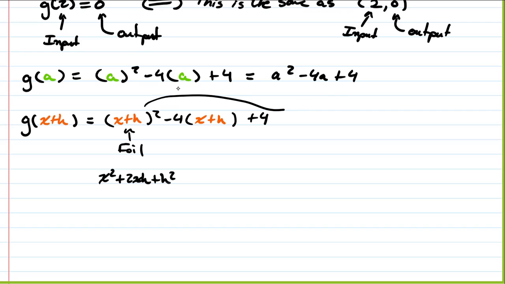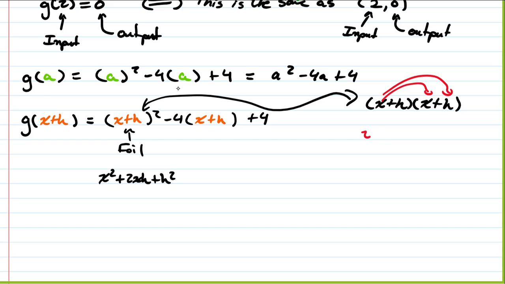And let's do that over here on the side if you don't remember that that's the product. When we square something, we're multiplying it by itself. So we would have to FOIL this thing out. And if we did so, we would get the following. x times x and x times h would give us x squared plus xh.